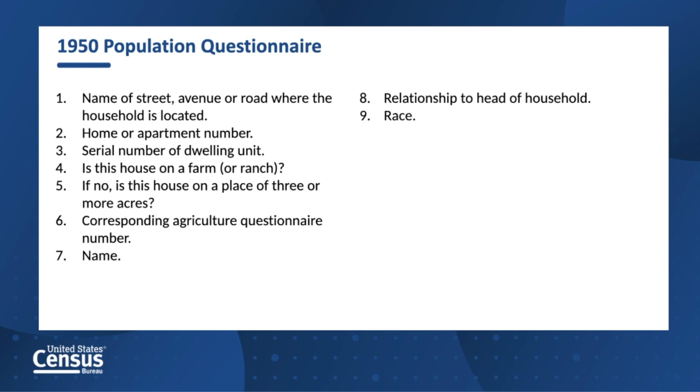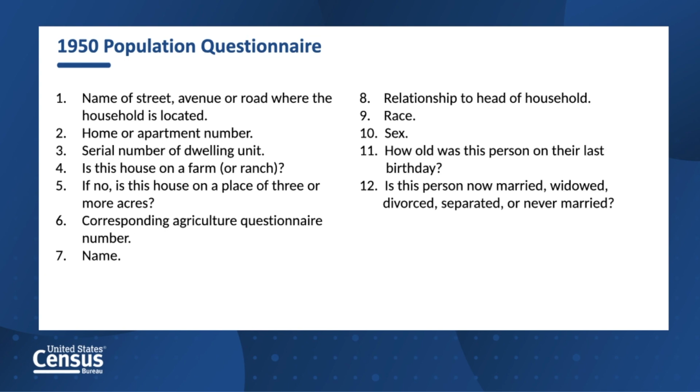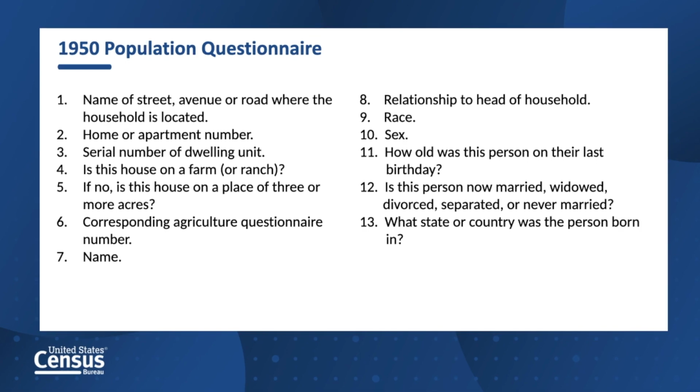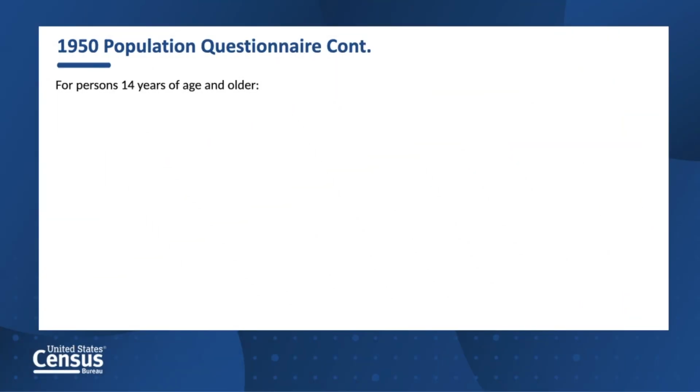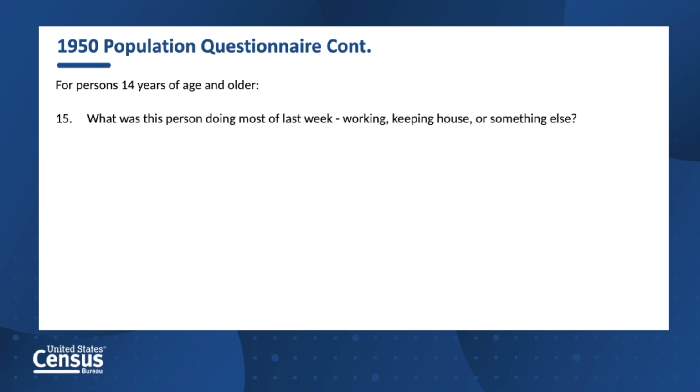Race. Sex. How old was this person on their last birthday? Is this person now married, widowed, divorced, separated, or never married? What state or country was the person born in? If foreign born, is the person naturalized? For persons 14 years of age and older, what was this person doing most of last week?